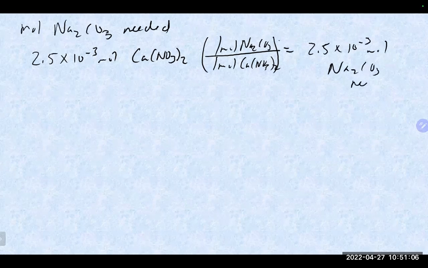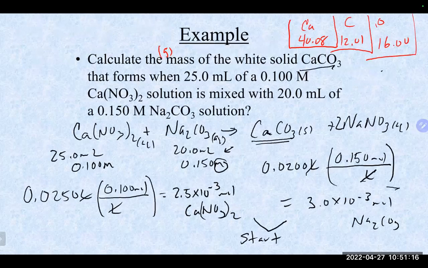So obviously, like before, we need, in this case, 2.5, and we have 3 times 10 to the minus 3.